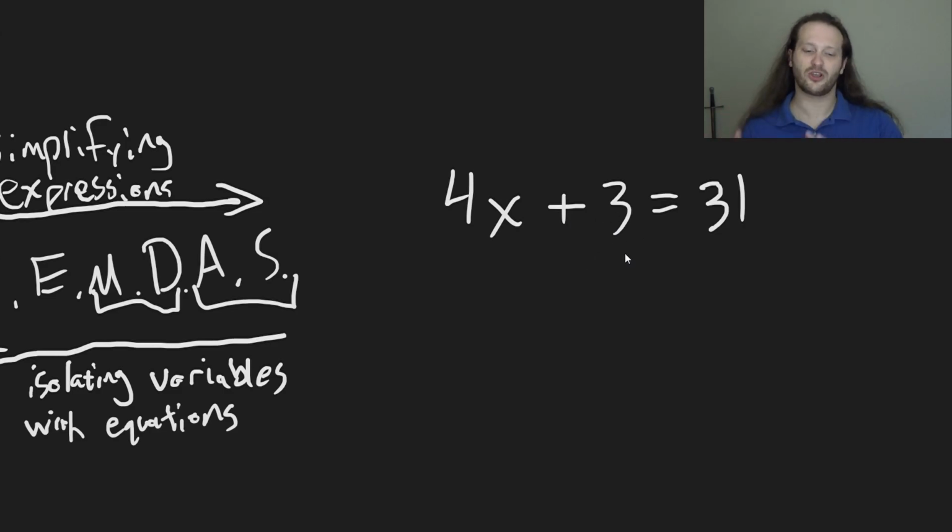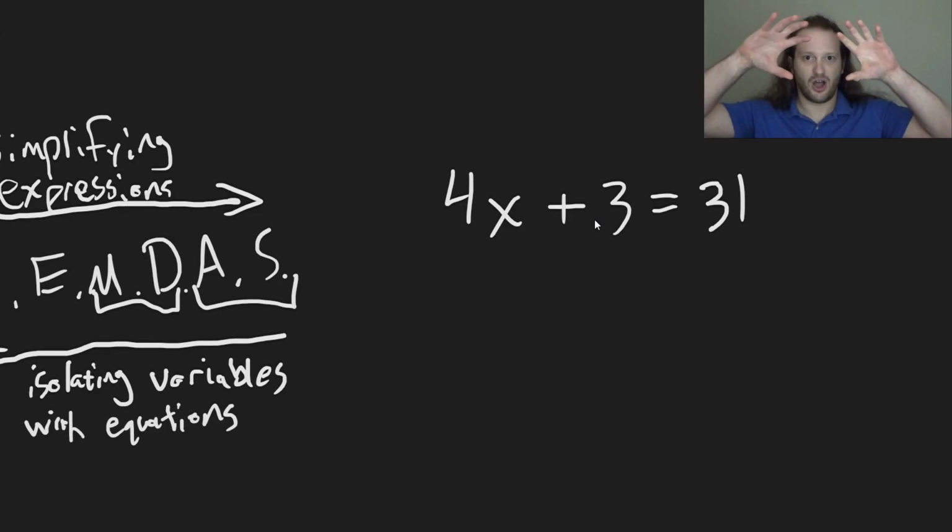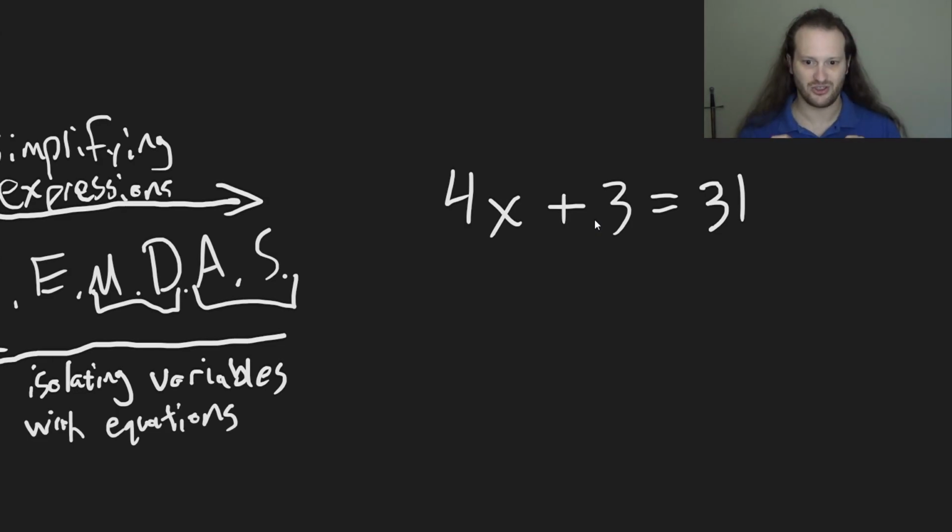The reason why we're going backwards through the order of operations is if I knew the value of this variable, then I would multiply it by the 4 first. Then I would add the 3. But since I don't know what this value is, I need to instead break apart the bonds, kind of unraveling the onion, unraveling the ogre.